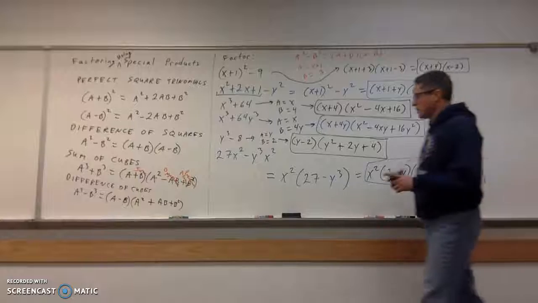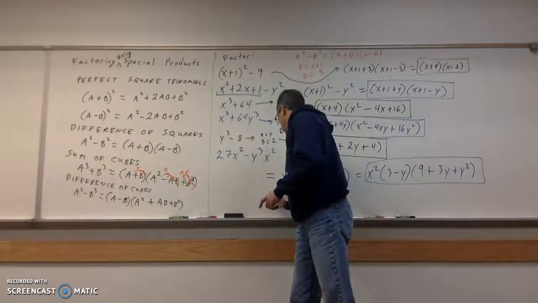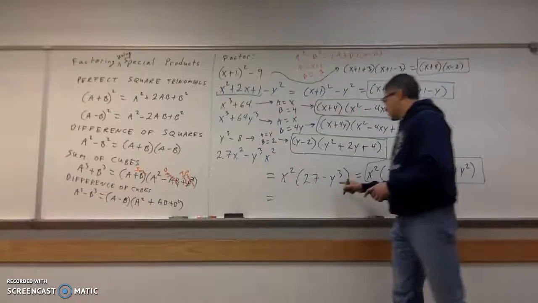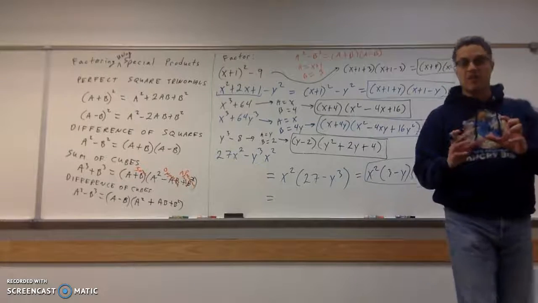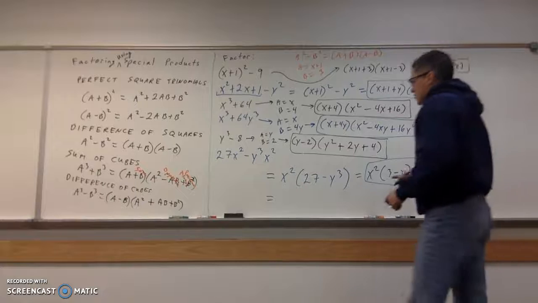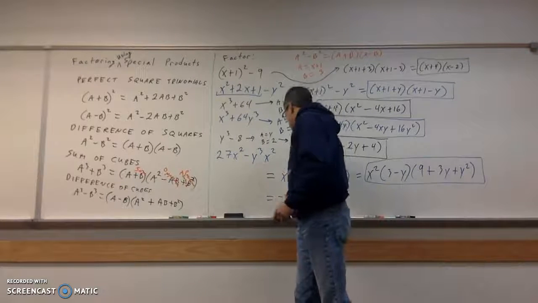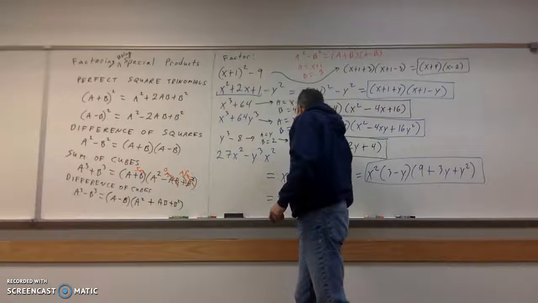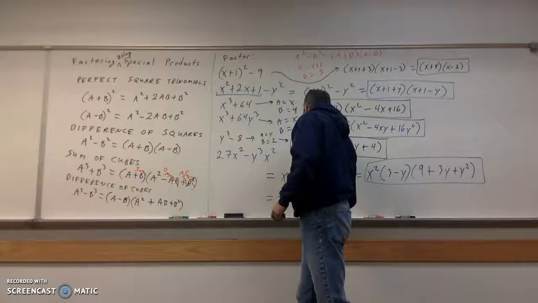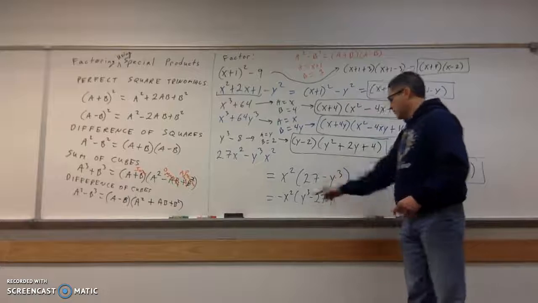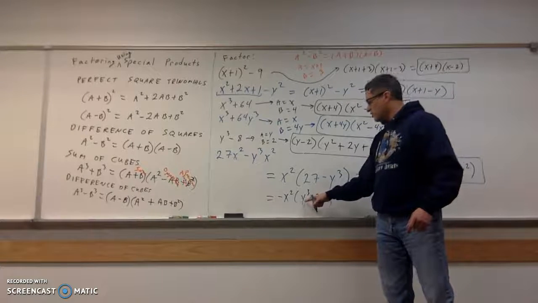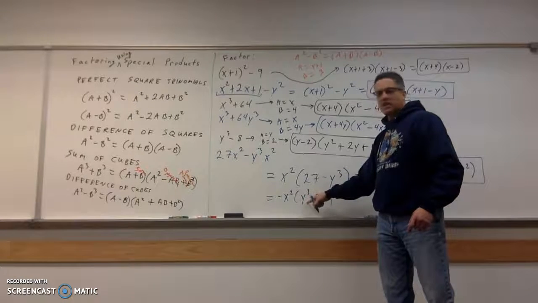You could also have done this, by the way. Instead, if you don't like seeing that negative y cubed, if you like seeing the y cubed be a positive value, then you could have factored out a negative x squared. What that would have done is it would have given you y cubed minus 27, right? Opposite signs there. And that gives you positive y cubed right there.